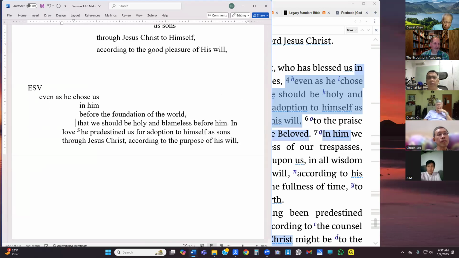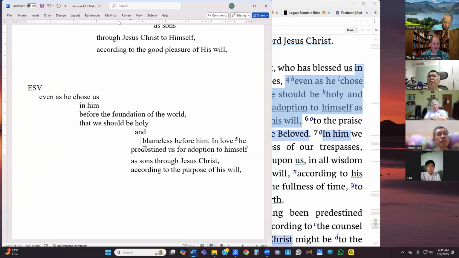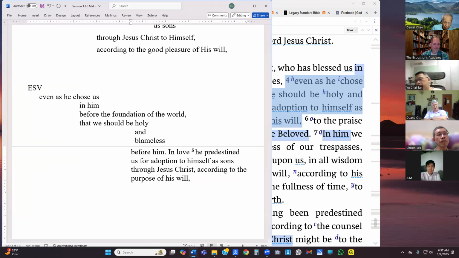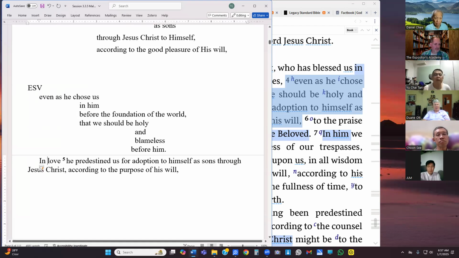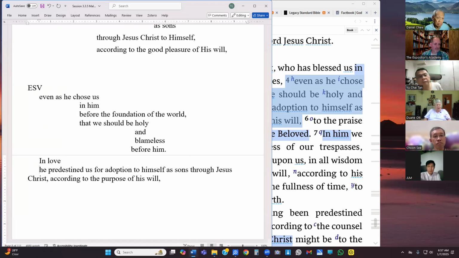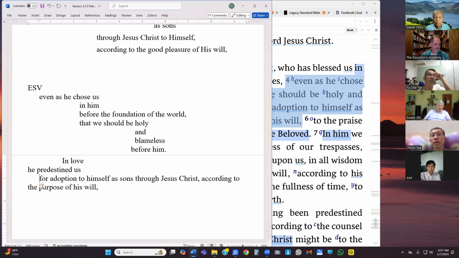So this is all going to be saying that we should be holy and blameless before him. And then notice now, oh, period, new sentence. In love. And then here's the independent clause, which we would bring even further over. He predestined us for adoption.